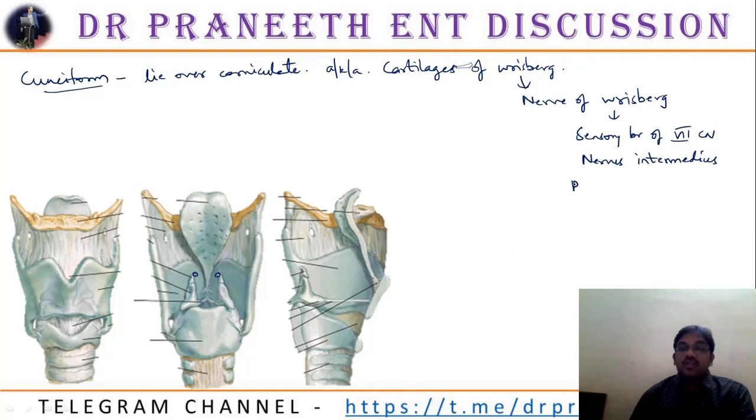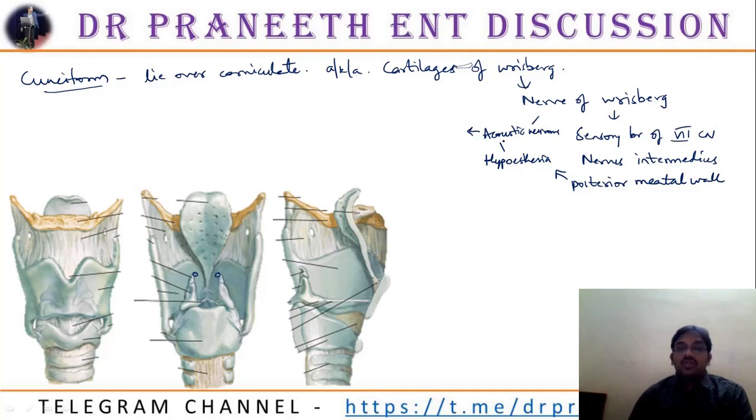It supplies the posterior meatal wall. So what happens if this gets affected? Hypoesthesia. Compression of this nerve occurs in acoustic neuroma. There is a sign, the hypoesthesia of the posterior meatal wall.